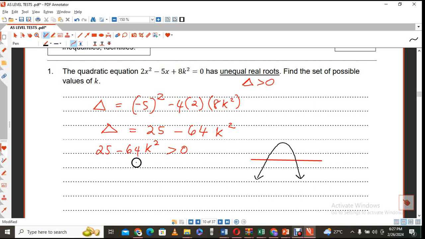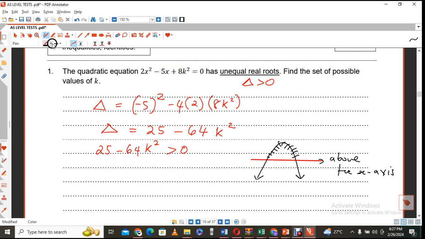So my solution, being greater than 0, will be above the x-axis. And if the solution is above the x-axis, it means that the answers will be a given range.